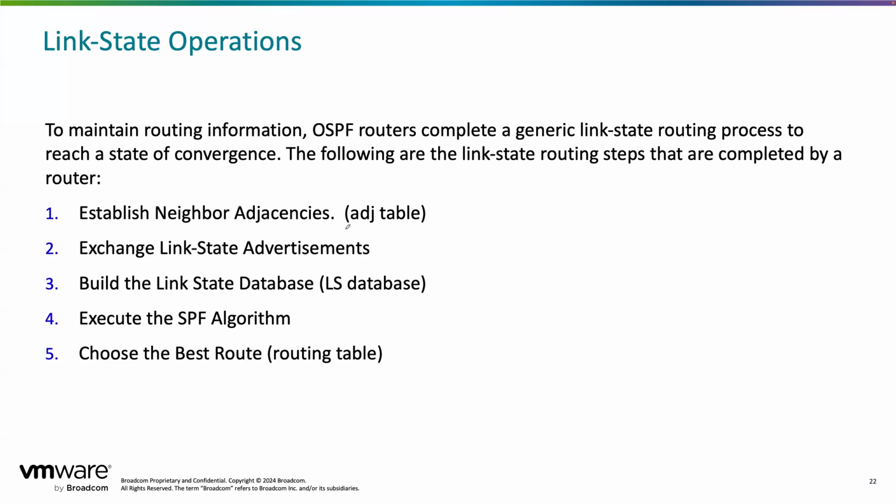For example, the router has several neighbors in terms of physical links, but it has to establish the logical neighbor relationship based on those physical links. In OSPF we call this adjacency. We have to use a data structure to achieve this step.